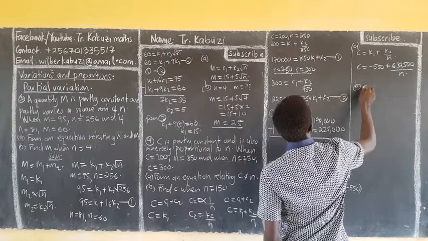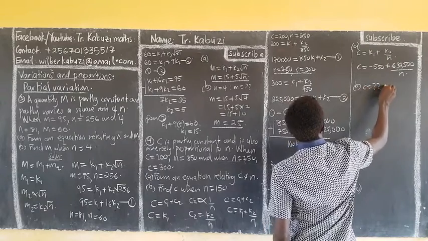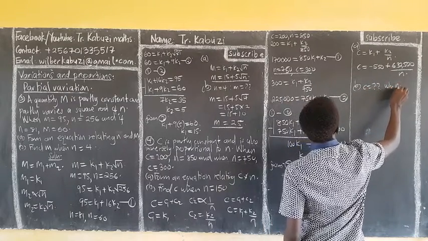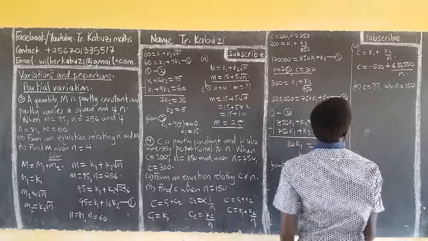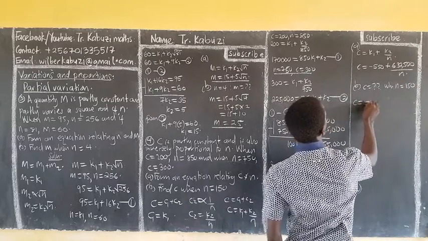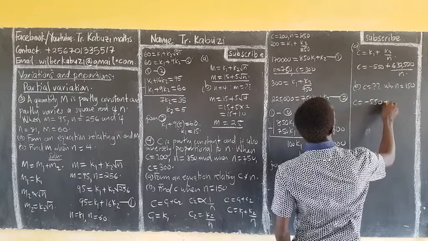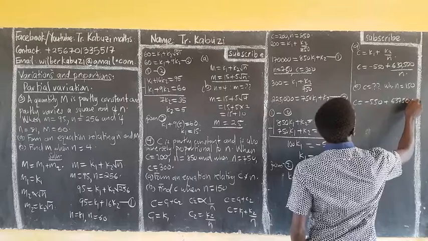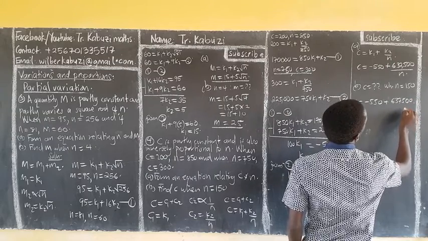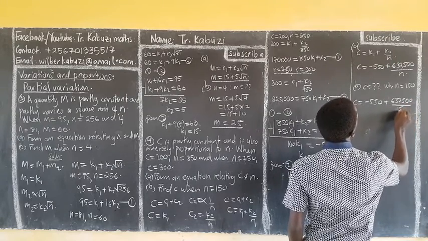Then part B, they want us to find C when N is 150. So now my C will be negative 550 plus 637,500 over 150.